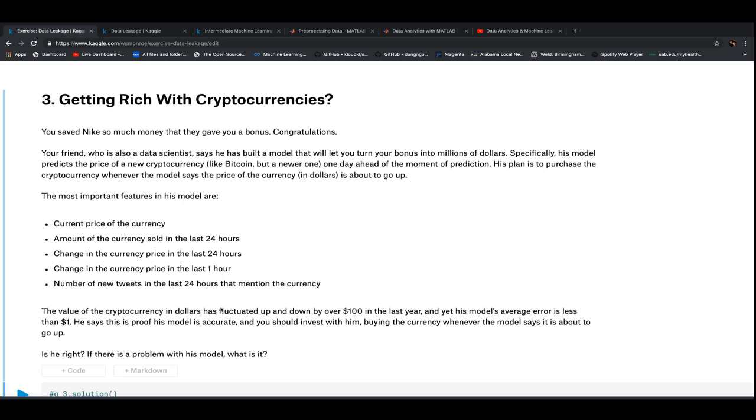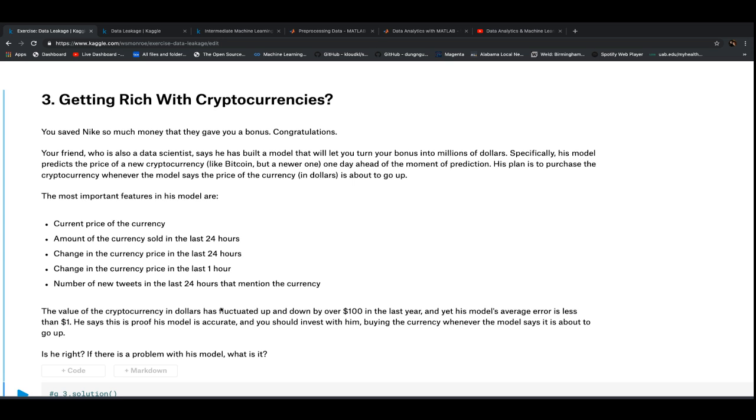Okay, so his plan is to purchase, and so on. The most important features are the current price, the amount of the currency sold in the last day, the change in the last day, the change in the last hour, and the number of tweets in the last 24 hours that mention the currency.